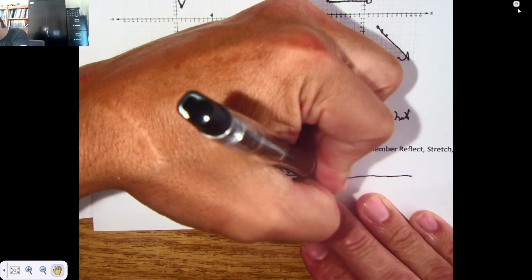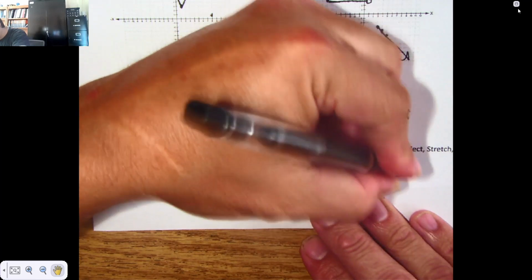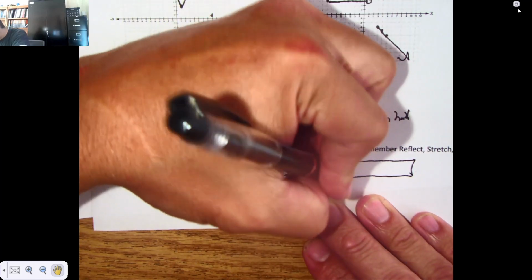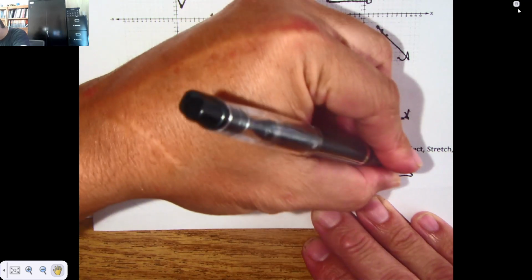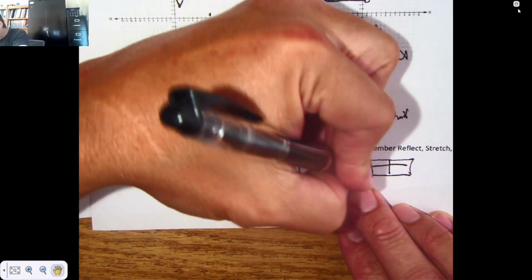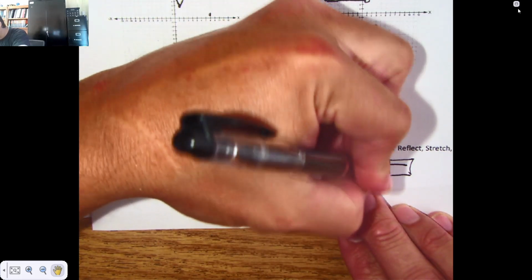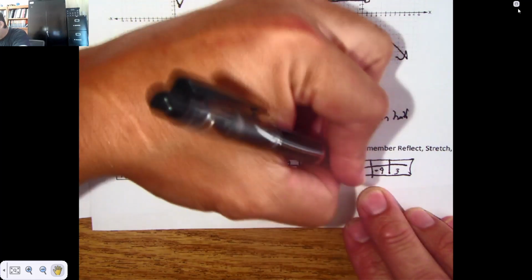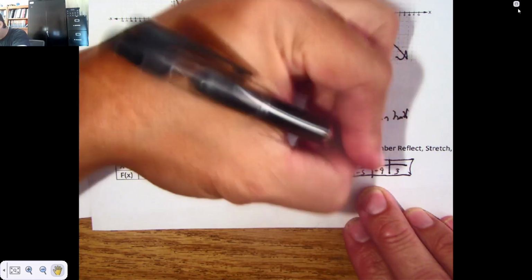It has no effect on output, only input. This will be negative f of 2x now. And the output stays the same, negative 5, negative 9, 3, but the input becomes 4, 6, 7.